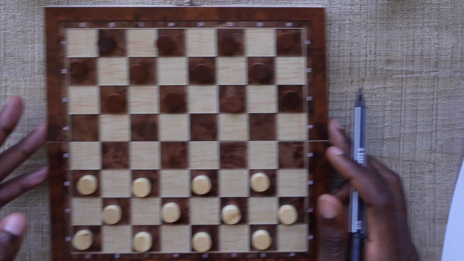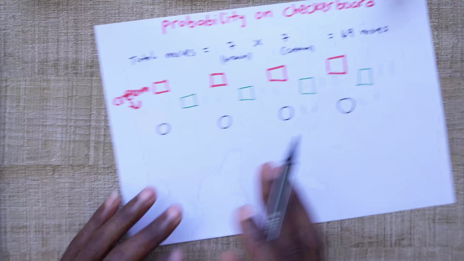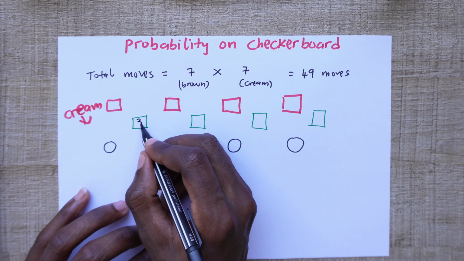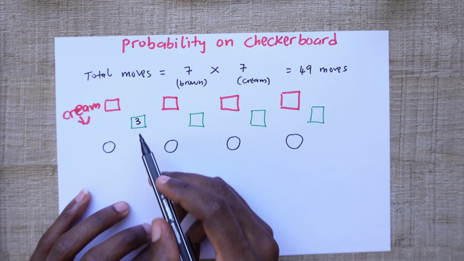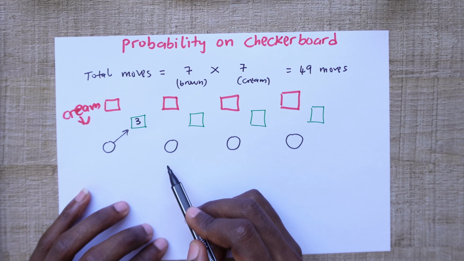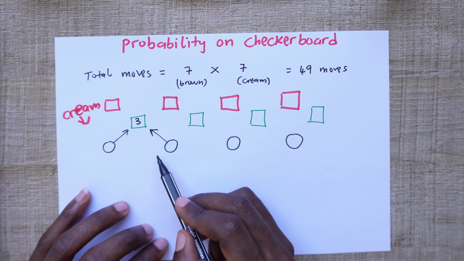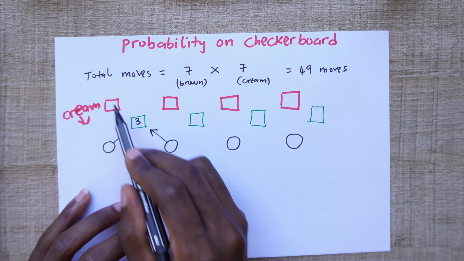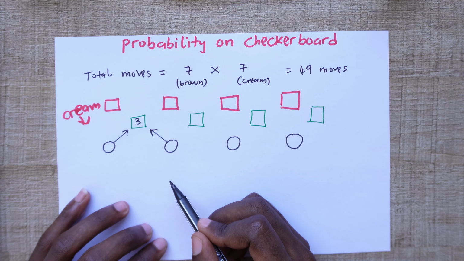So I'll take back this paper. I'm going to put a 3 in the square, which means that whether it's this one that is played here or this one, there will only be 3 configurations that the brown could play so that we are on the same diagonal.